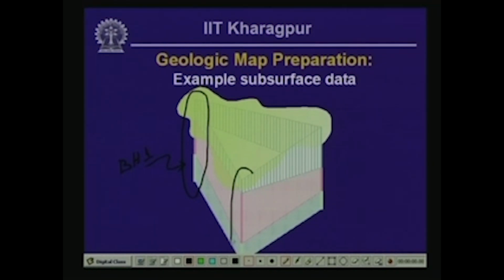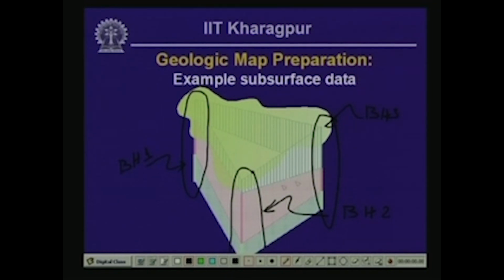Then there is another borehole at this location, call this one borehole 2, and another borehole at this location, which is borehole 3. Now, when we try to get subsurface information through drilling, a borehole is drilled using a mud rotary technique or any other technique appropriate for a particular geologic area, and we try to identify the location of the contact between different geologic units.